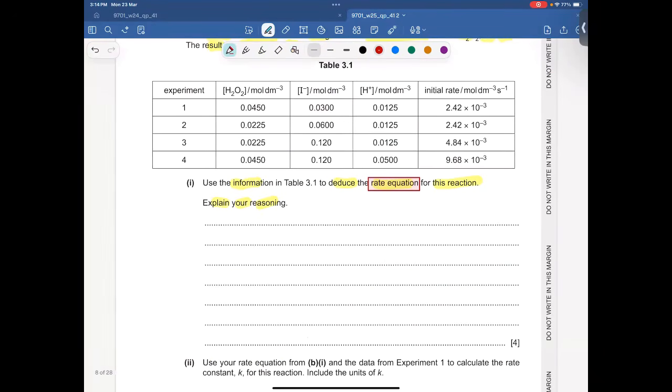Let me give you an example for iodide ion first. See, in iodide ion, concentration is doubled, initial rate is also doubled, while these two reactants remain constant, which means with respect to iodide, it is first order.